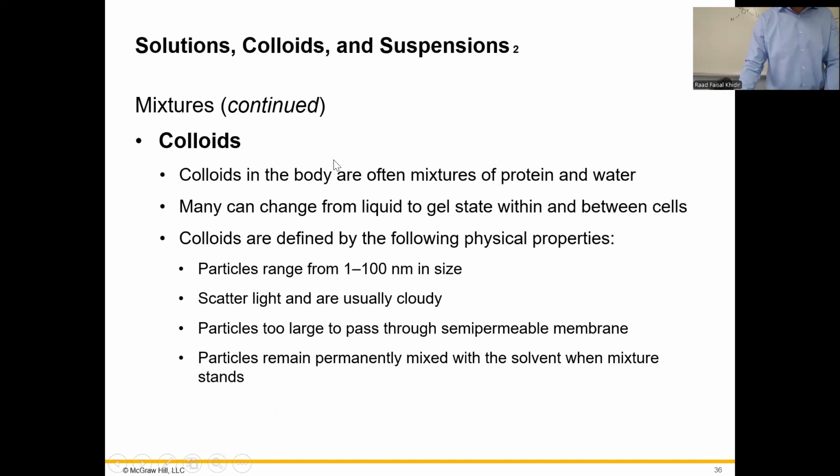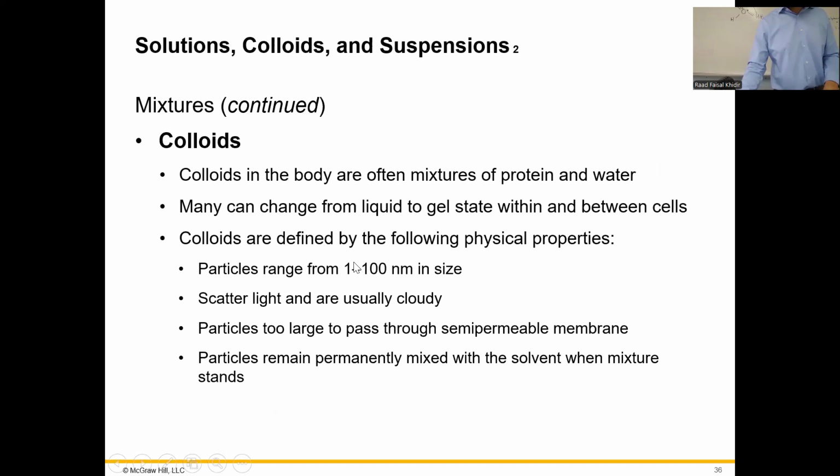While colloids in the body are often mixtures of proteins and water, and that's how thyroid hormone is made. It's first a colloid. It has water with proteins, and it's really thick. It's like a gel. So many can change from liquid to gel state within and between the cells. The colloids are defined by the following physical properties.